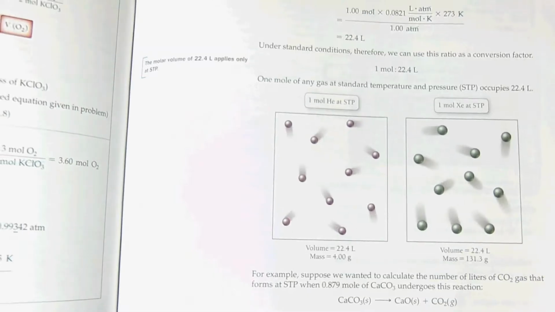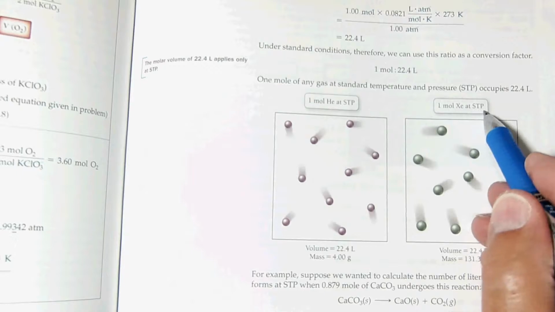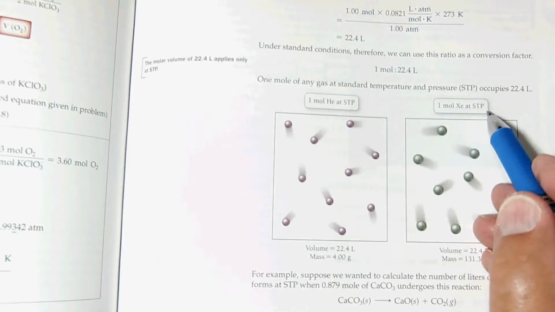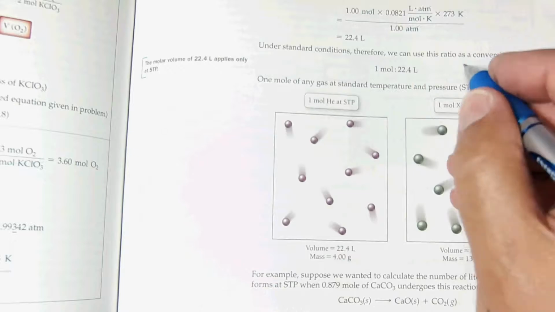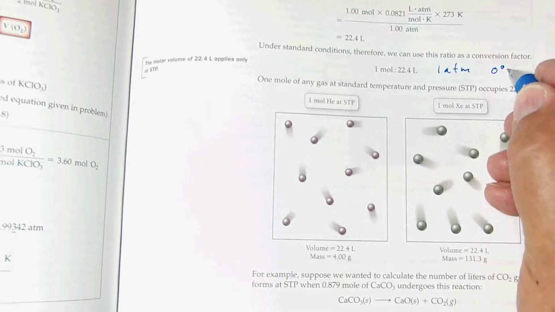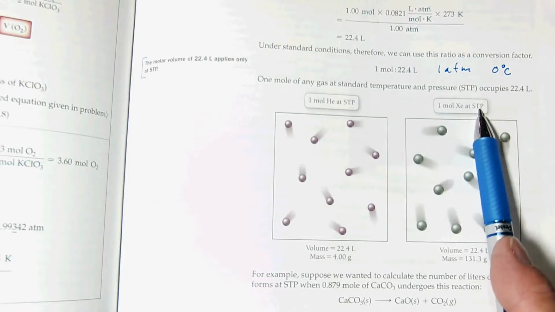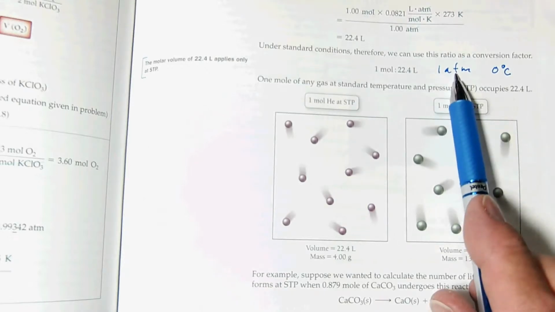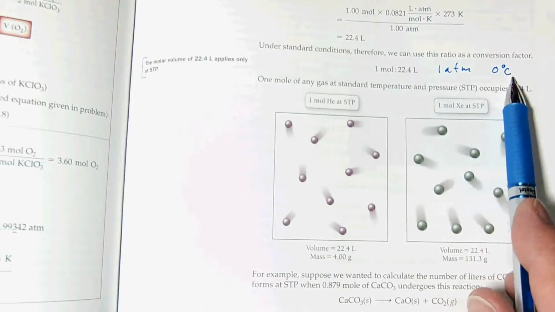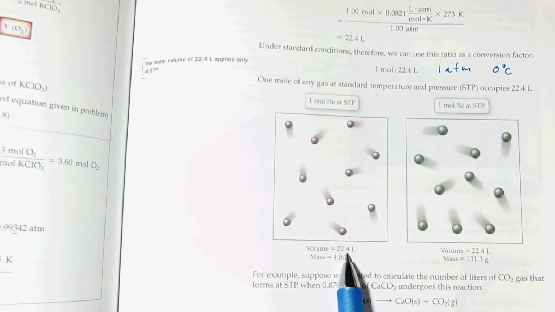What they're showing you here, by the way, is something called the molar volume of a gas. They define a certain set of conditions as standard temperature and pressure, STP. STP refers to a pressure of 1 atmosphere and 0 degrees Celsius. At that combination of temperature and pressure, 1 mole of any gas happens to take up 22.4 liters.